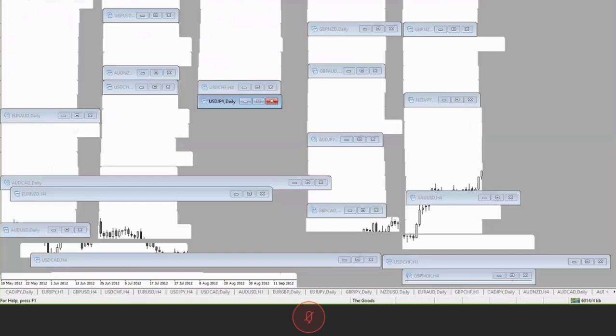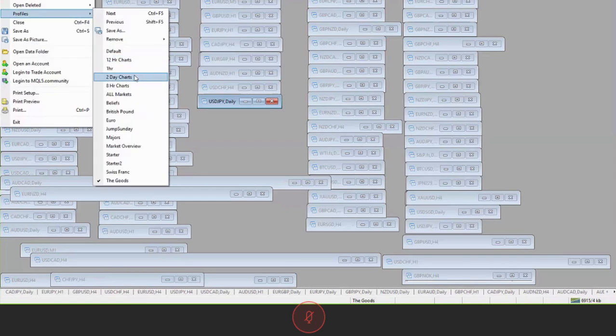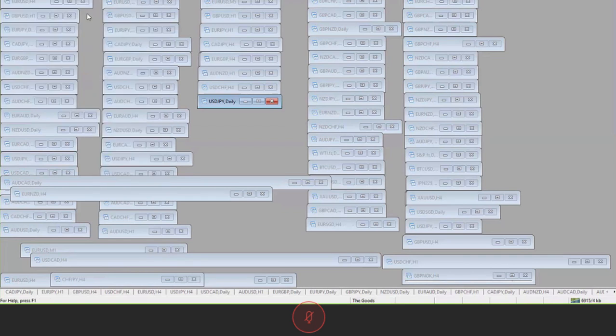Let me shift over and give you a quick look at my 2-day charts. Quickly becoming one of my favorite 2-day and 12-hour charts. Pretty good. It's just going to take a minute to fire up.